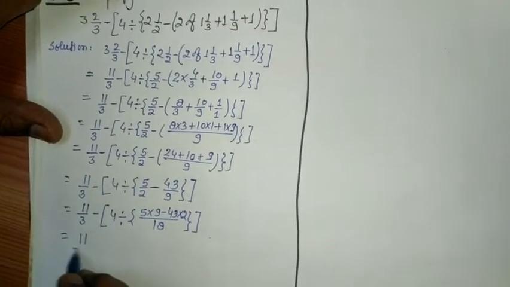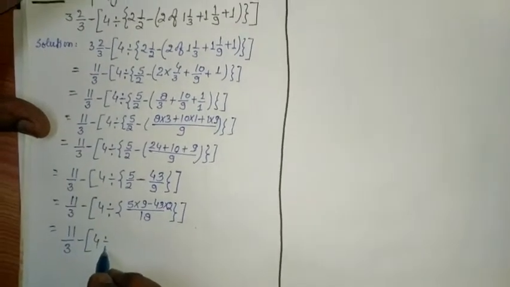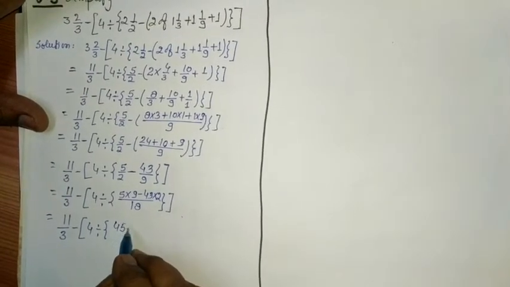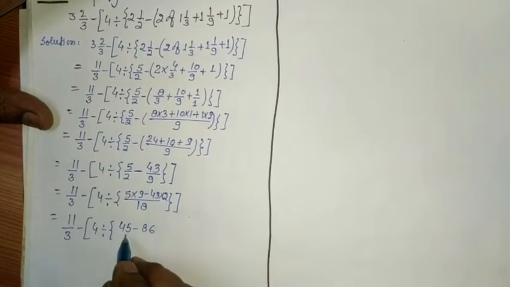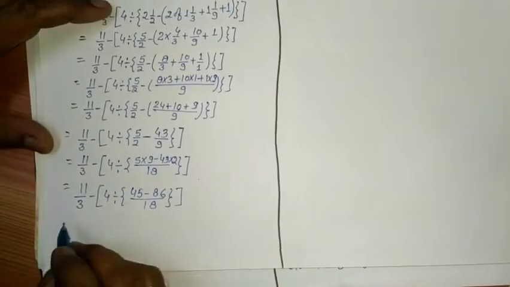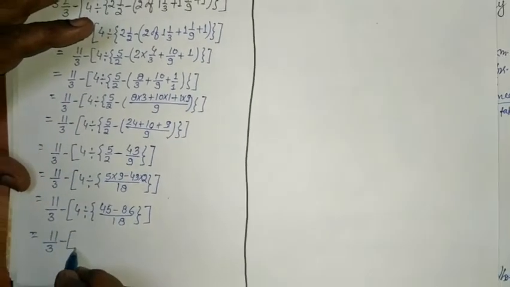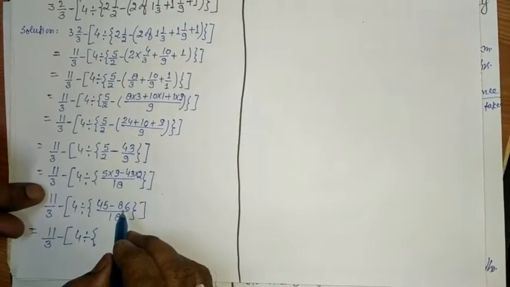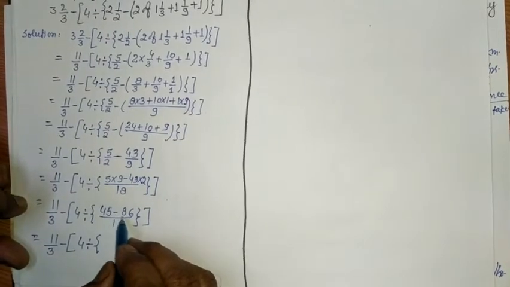Equal to 11 upon 3 minus big bracket 4 divide curly bracket 45 minus 86 by 18. Equal to 11 upon 3 minus big bracket 4 divide curly bracket, 86 is negative. These are integers.